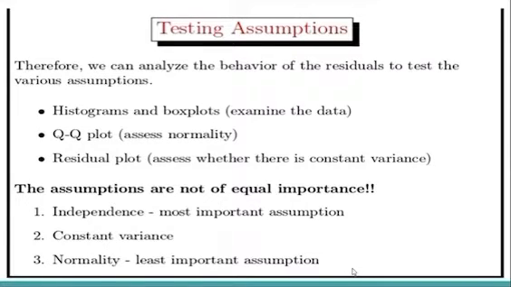It is a test of normality of the residual. So in addition to using box plots and histograms, we can also use the Shapiro-Wilk test. These assumptions are very, very crucial.